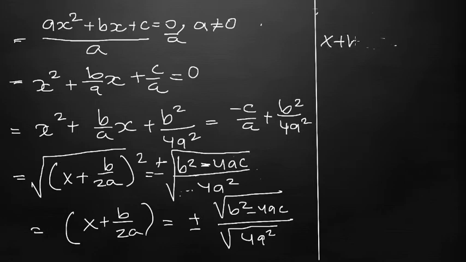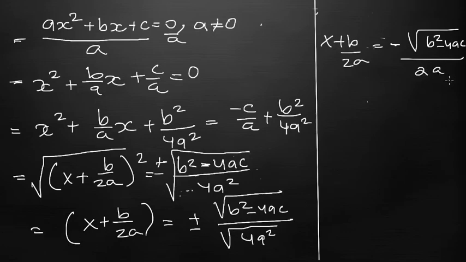So you're going to get x plus b over 2a is going to be equal to negative. You cannot take the square root of the top one because it's not a perfect square for b squared minus 4ac. However, you can take the square root of the bottom one, which in this case is going to be 2a. Let's put plus or minus.